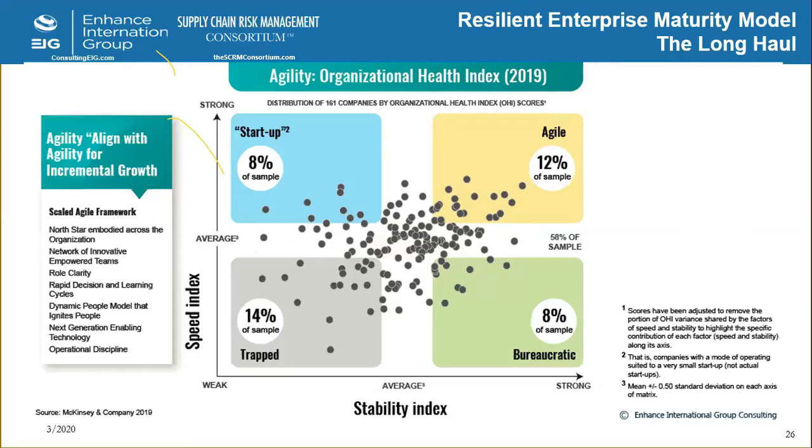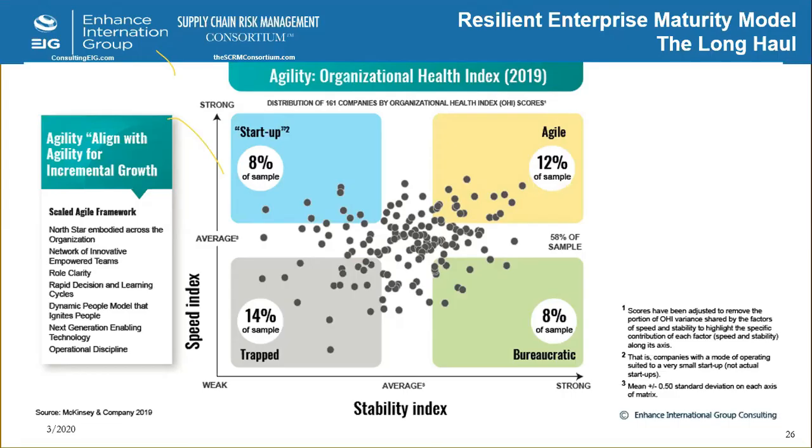Essentially, you can see the elements of the agility index on the left, but we'll talk more about what the graph says. On the left-hand side, the y-axis again, a different type of data, and that is what's called the speed index, from weak on the bottom to strong on the top. On the x-axis is what they call stability index, from weak to strong.